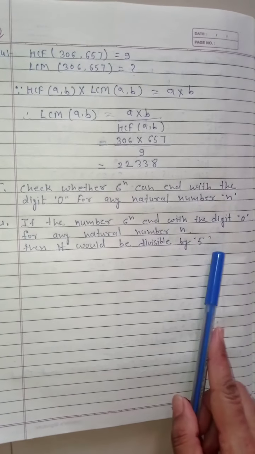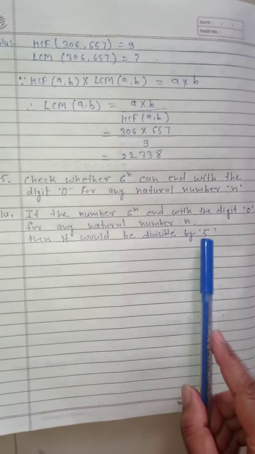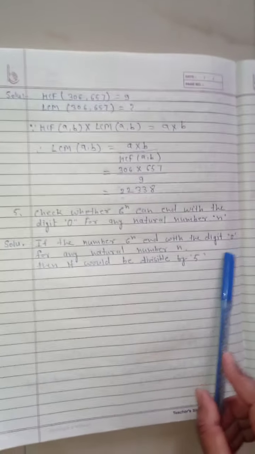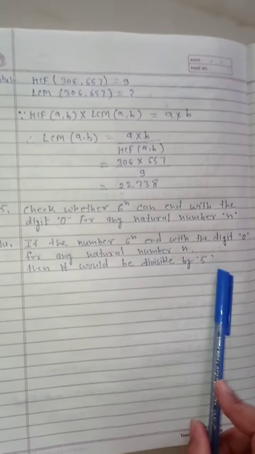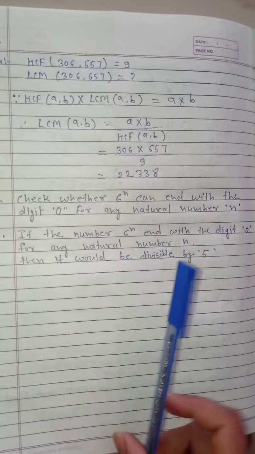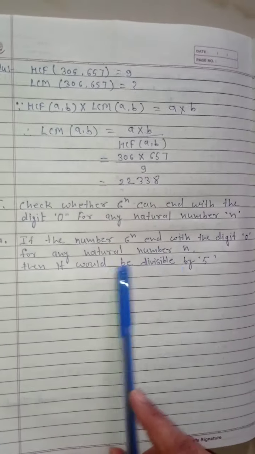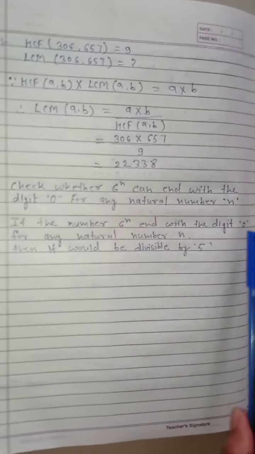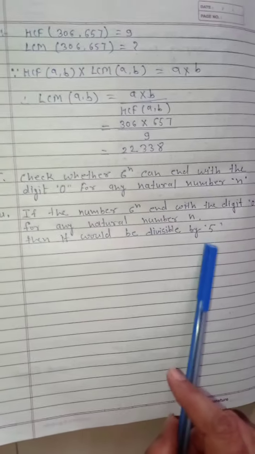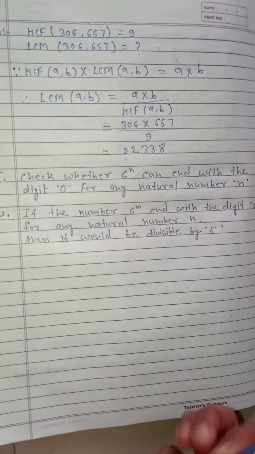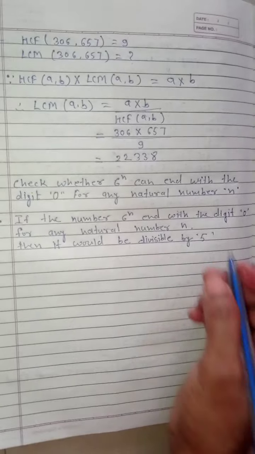As per the divisibility rule, if any number ends with 0, then it will be divisible by 5. So, if 6 to the power n for any natural number n ends with 0, then it will be divisible by 5.